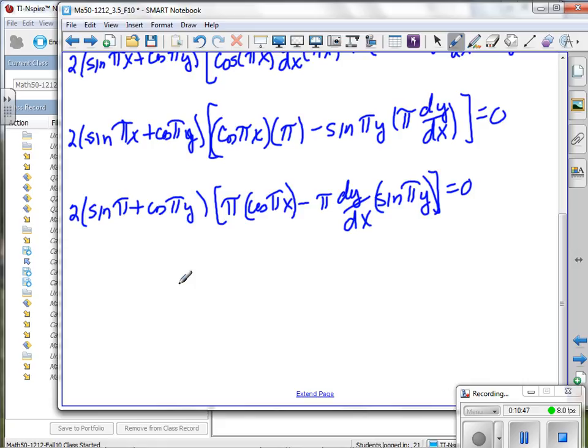So, oh goodness, what's going to happen to this factor in my first step of solving for dy dx? I've got how many factors here? Can you see them? I'll put them in green today. There's one factor, right? What's the other factor?